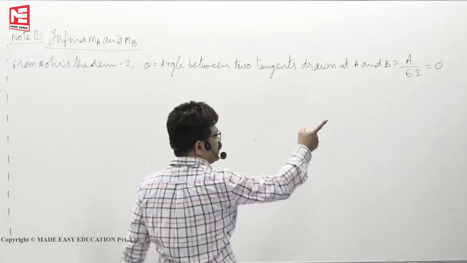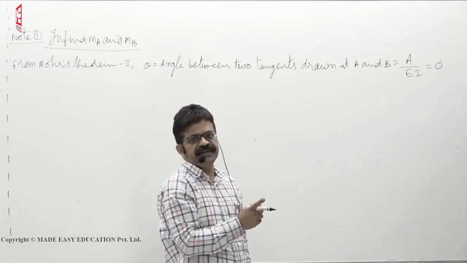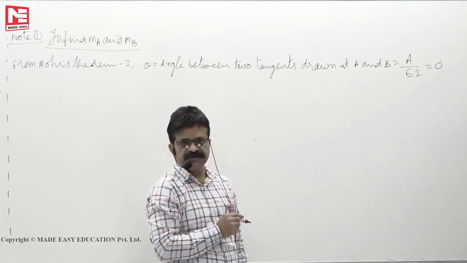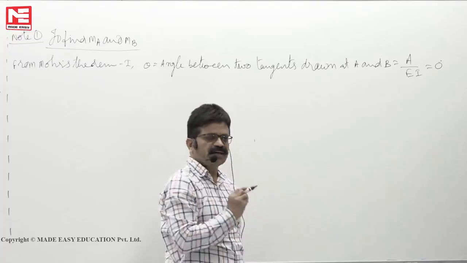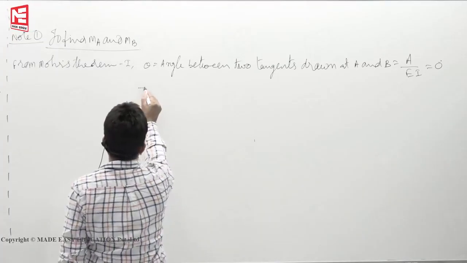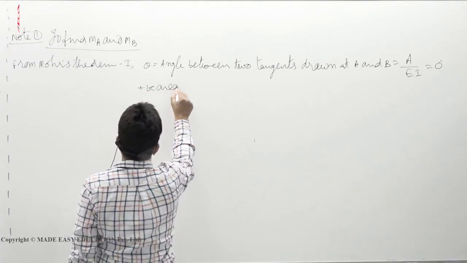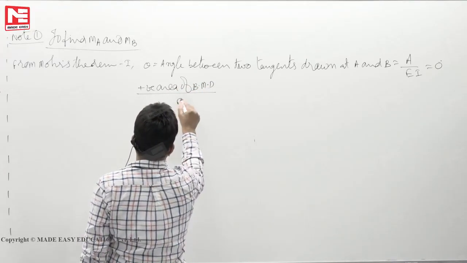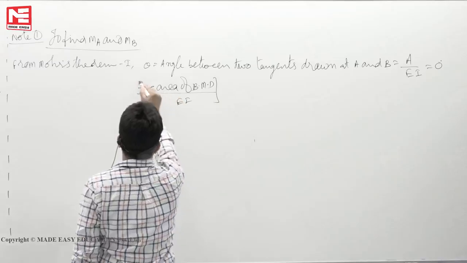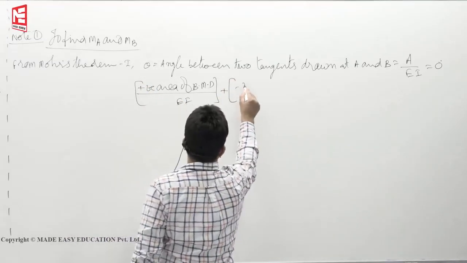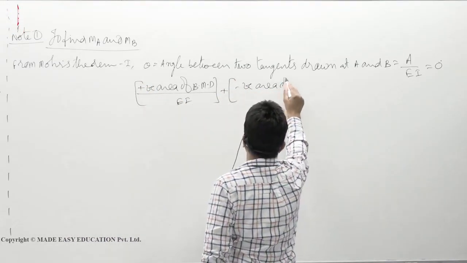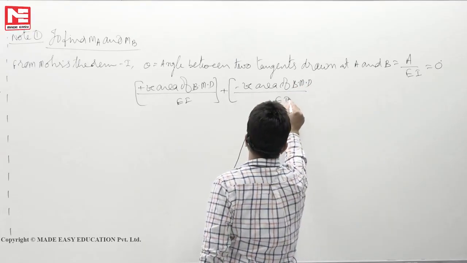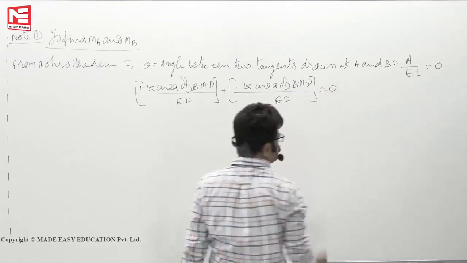That means positive area by EI plus negative area by EI, the sum must be 0. Otherwise theta will not be 0, meaning the angle between the two tangents will not be 0. That means positive area of bending moment diagram divided by EI plus negative area of bending moment diagram divided by EI must be 0.